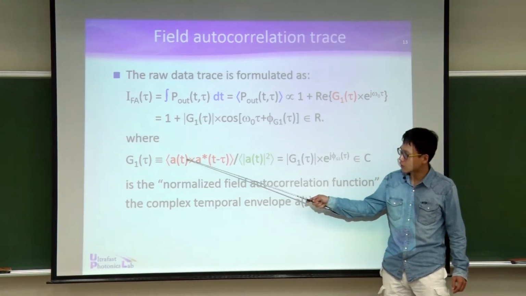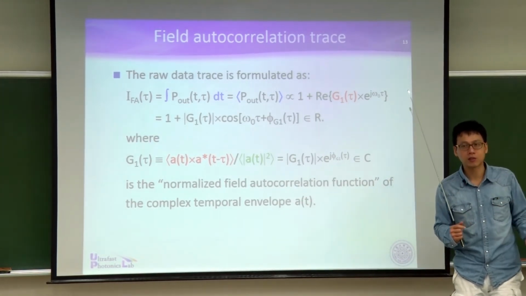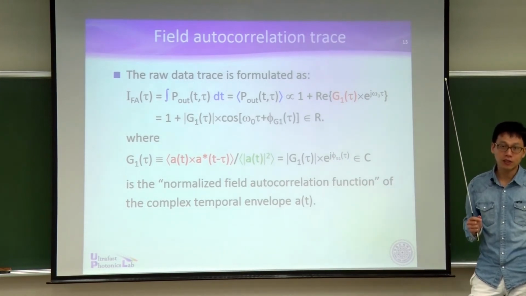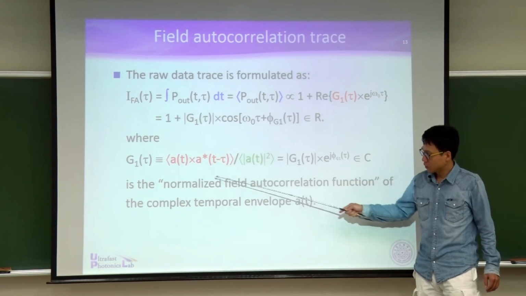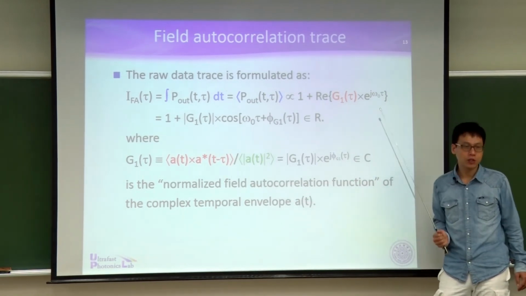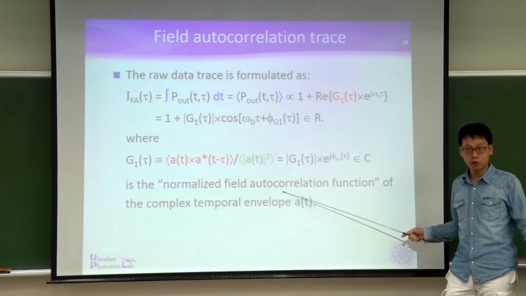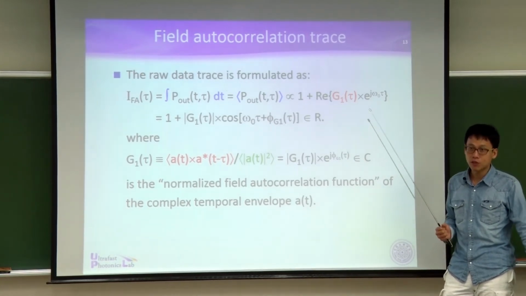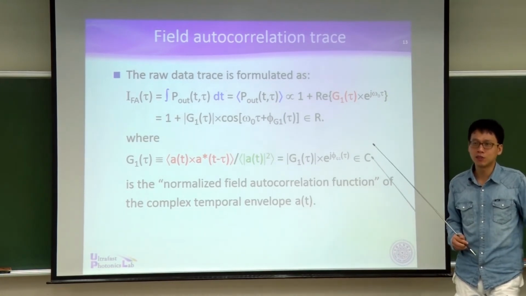You can see it's about A of t, which is a complex function, not just the magnitude function. Okay? So that's why the name is field. The second term is autocorrelation. Why it is called autocorrelation? It's very similar to what you have studied in probability theory, right?